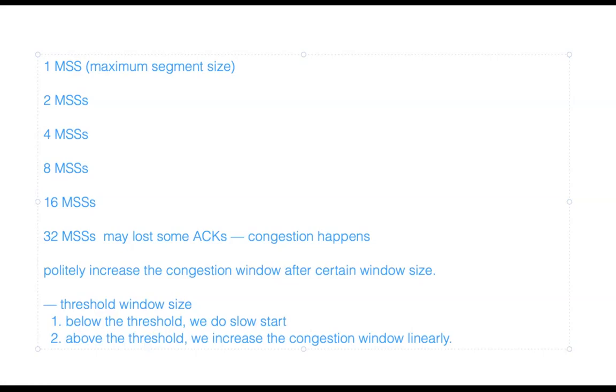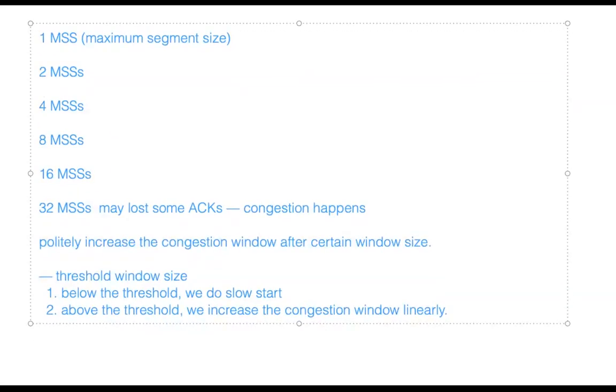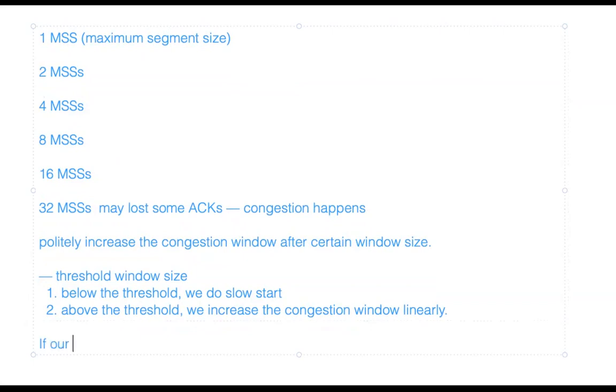So what does it mean? Let's still use this as an example. We have 1, 2, 4, and say our threshold is set to 10 MSS.